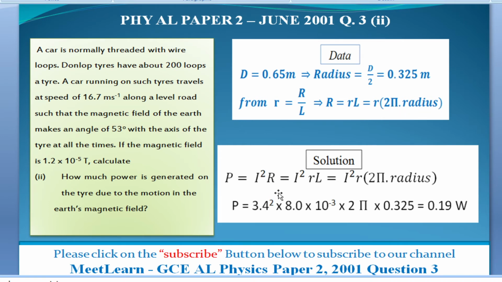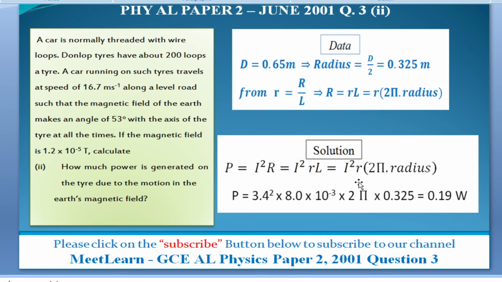So if we come back to our solution, the power generated is I squared, the current squared, times the resistance. If I replace the resistance with r times L from up here, and I replace L with 2 pi radius as the circumference, I'll have this. The next thing will just be to substitute the values.